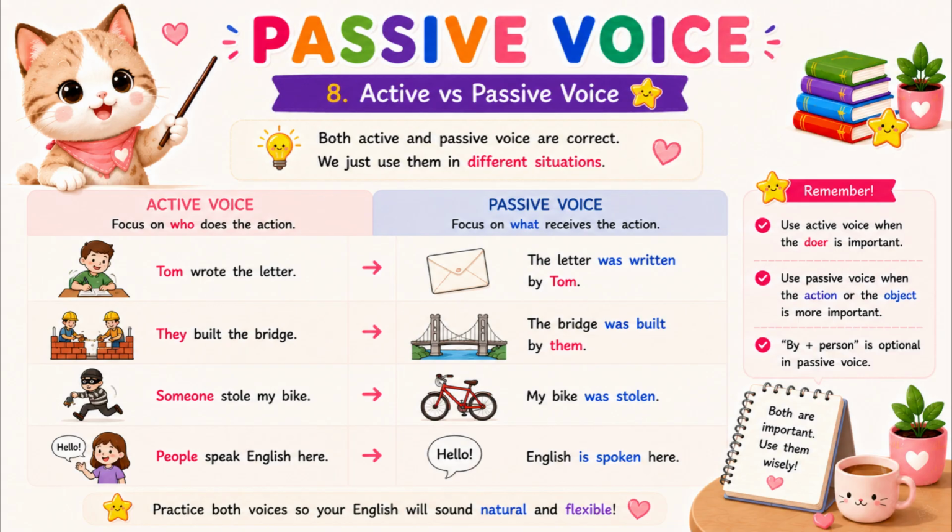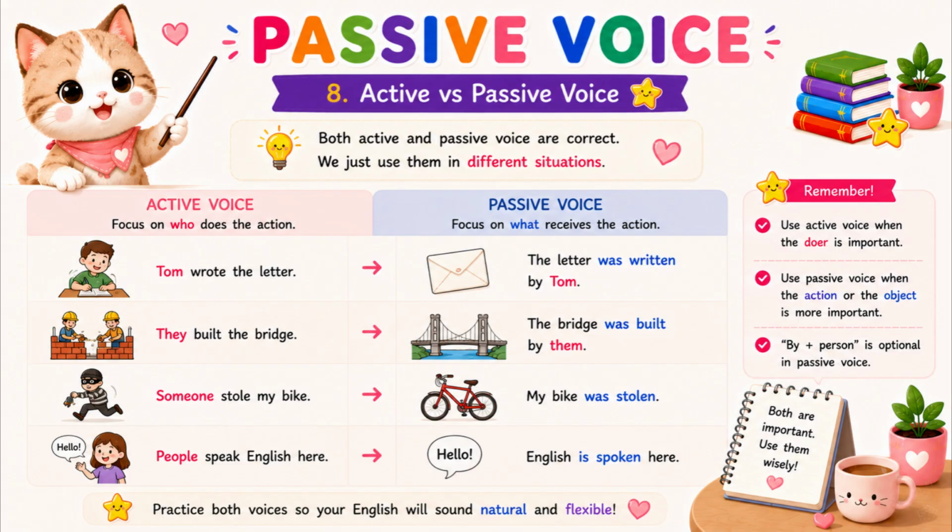Example 2. Active voice. They built the bridge. Passive voice. The bridge was built by them. Again, the passive voice focuses on the bridge, not on the builders. Example 3. Active voice. Someone stole my bike. Passive voice.